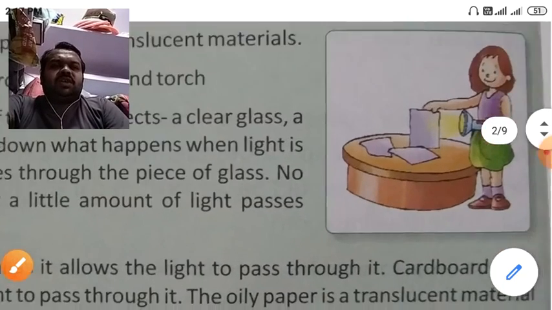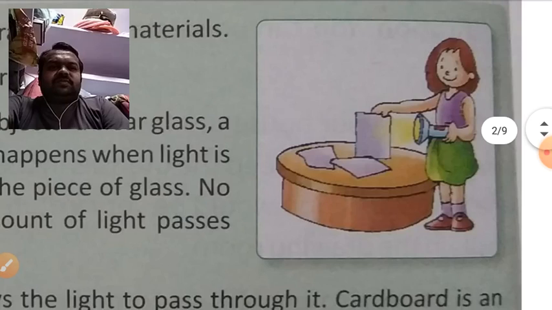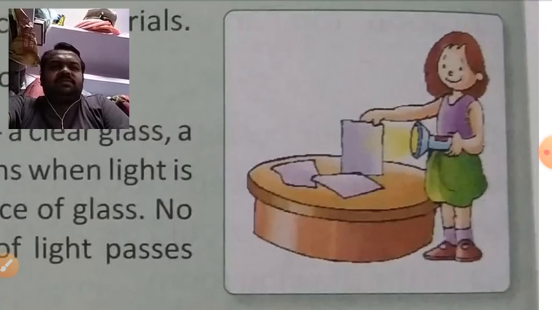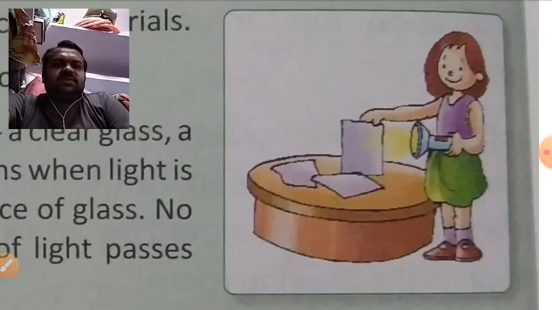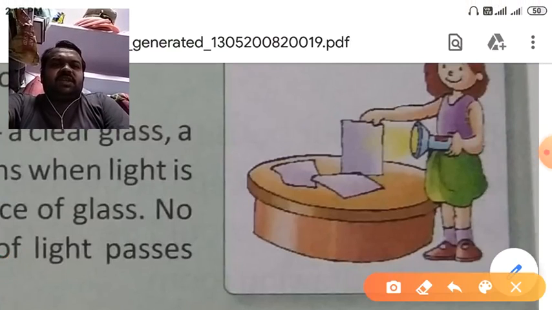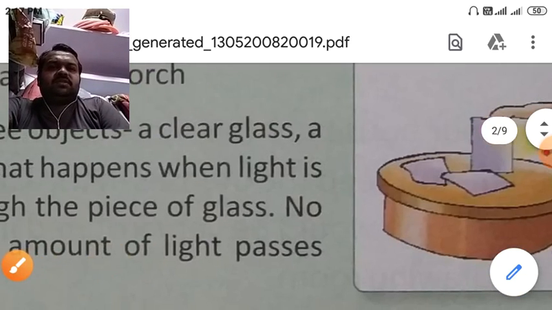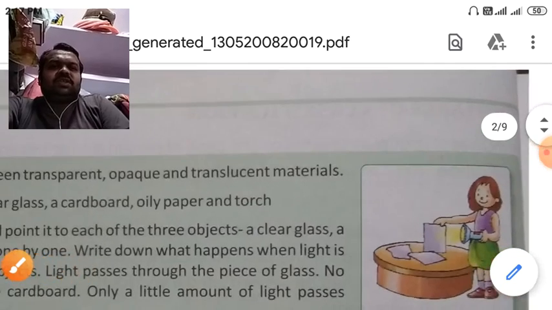Look here, you can see what this girl is doing. She has three things: a piece of glass, a cardboard, and a piece of paper.